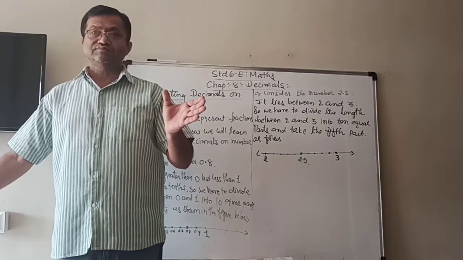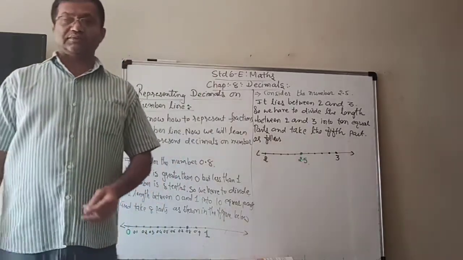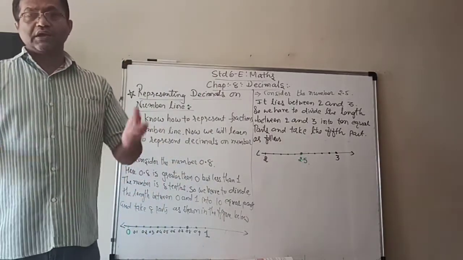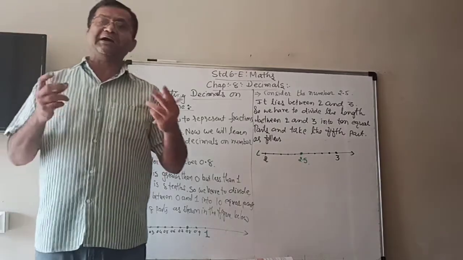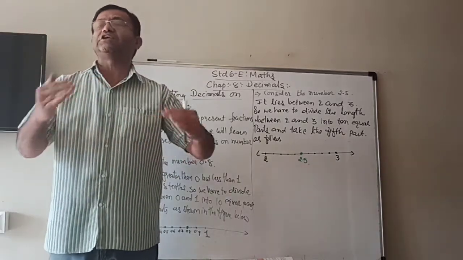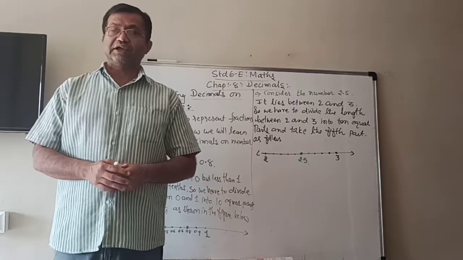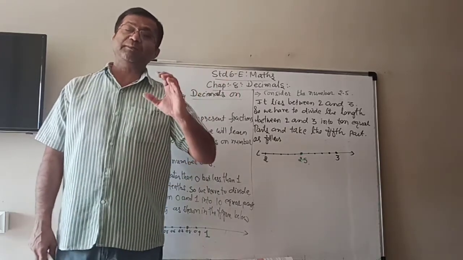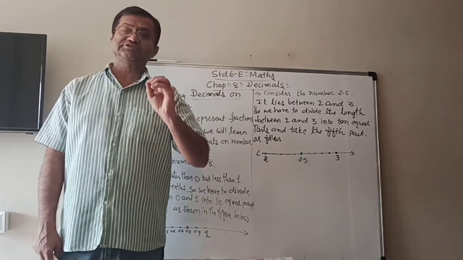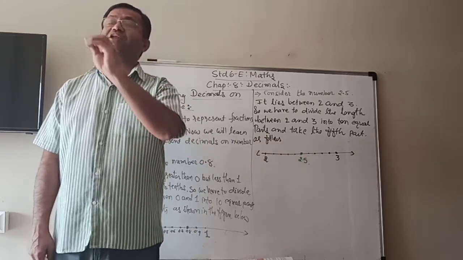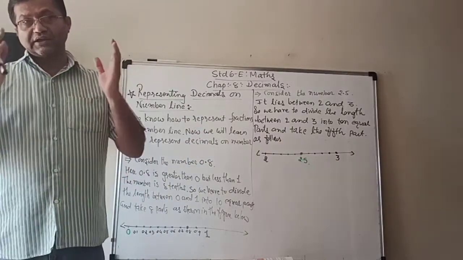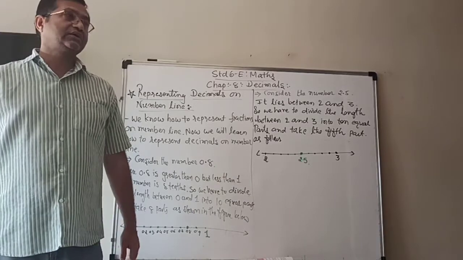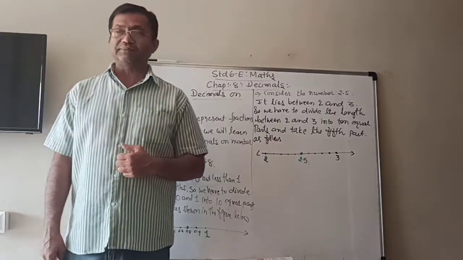And then the length between 0 and 1 is divided into parts equal to the number in the denominator. And then we consider the part which is same as the number in the numerator. And then we represent that fraction on number line.